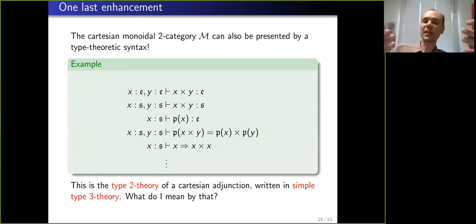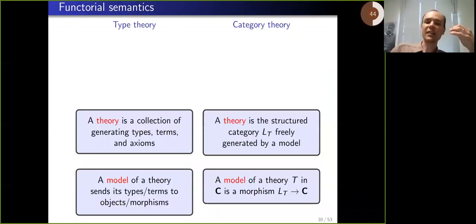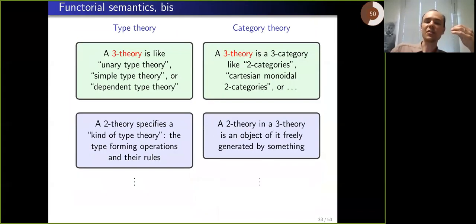That's the two theory. And this syntax here, which we've given for presenting such a two category, is the three theory. And the point is that we can use the same three theory to describe lots of different two theories, all of which fall under the rubric of just different kinds of simple type theories.